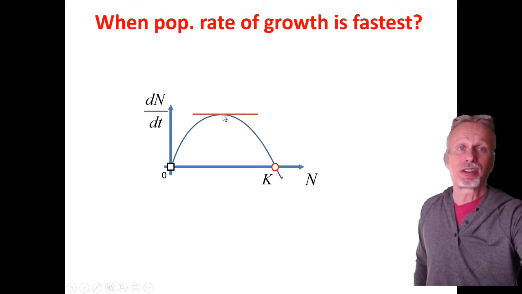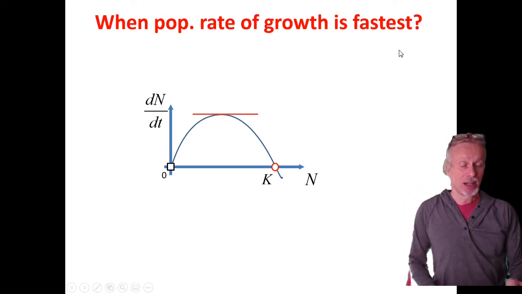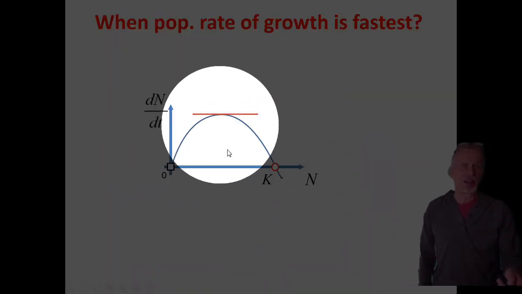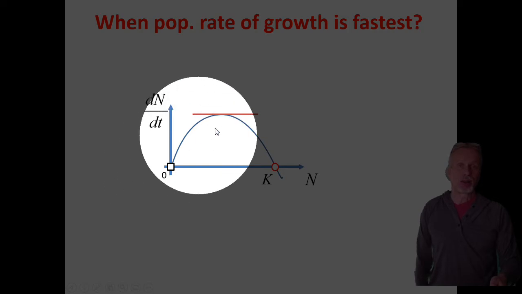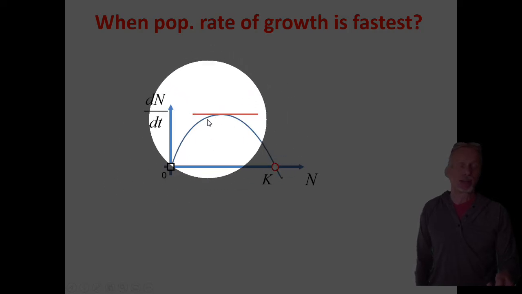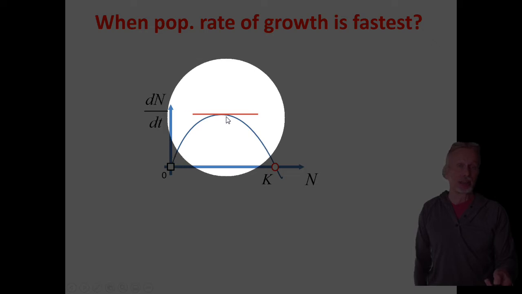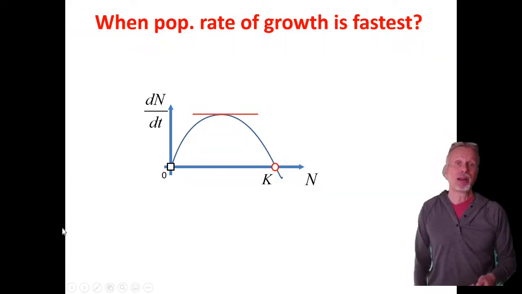So this obviously represents the peak. One good way to find it is, if we have the analytical formula of the rate of growth of the population, we can compute the first derivative and set it to 0, and this point corresponds to the maximum growth rate of the population.